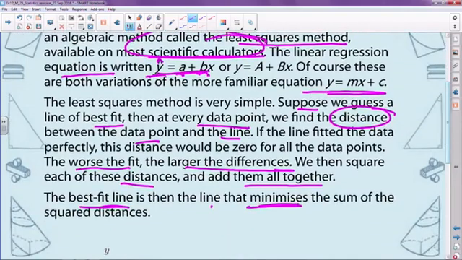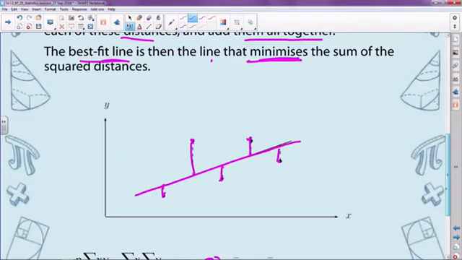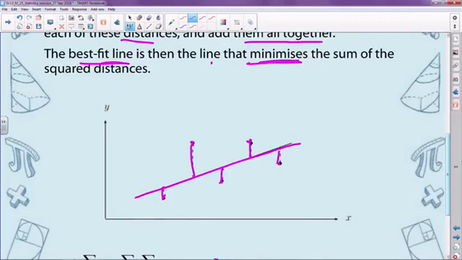And how does the least squares method work? Well, it's very simple. All we're doing is guessing at a line of best fit, and then for every data point, we find the distance between the data point and the line. If the line fitted the data perfectly, that distance would obviously be 0. So we went to our diagram, and said if this was a perfect relationship, all these data points would actually sit on the line.